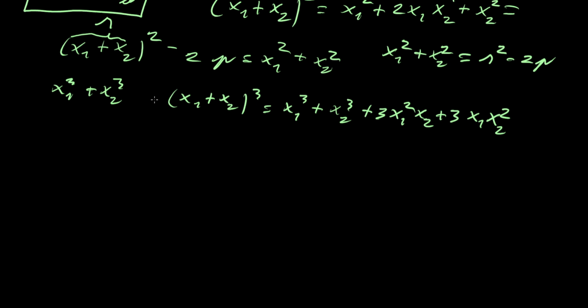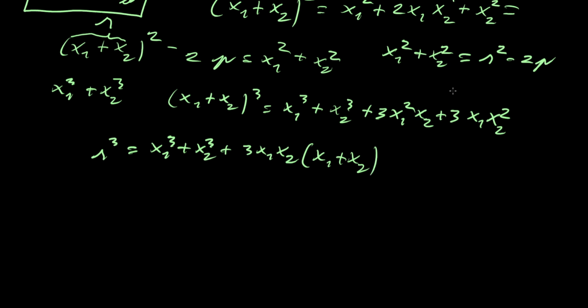Well, this is really just S to the third power and is equal to x1 to the third power plus x2 to the third power plus 3 times x1 times x2 times (x1 plus x2), because they have 3 times x1 times x2 in common. Now this is really just P and this is S.